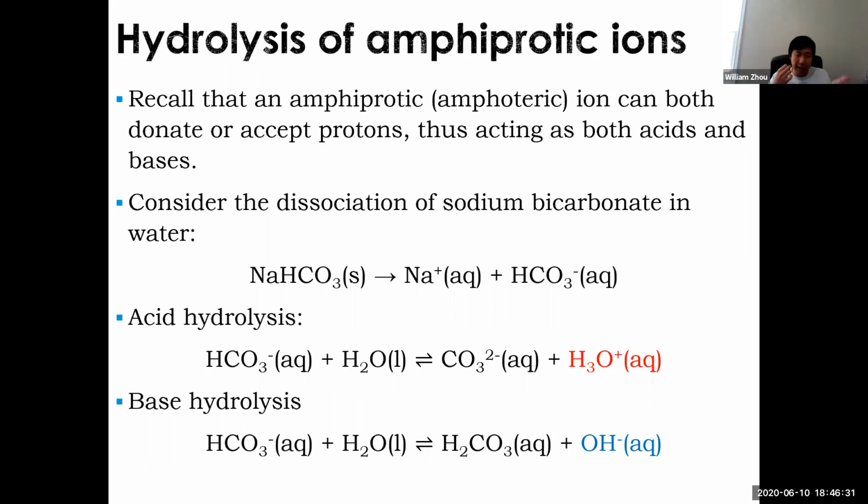You compare the Ka of HCO3 to the Kb of HCO3 and see who's bigger. If you decide to be an acid and a base, well, you've got to be better at one than the other. Like Michael Jordan plays basketball and baseball. What do we know Michael Jordan as? A basketball player. Nobody ever talks about his baseball career because he sucked at it. But he was like the greatest of all time in basketball.